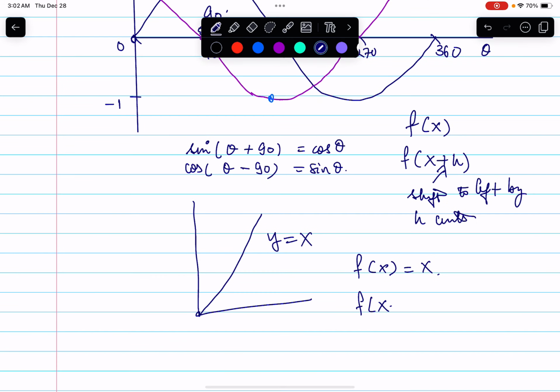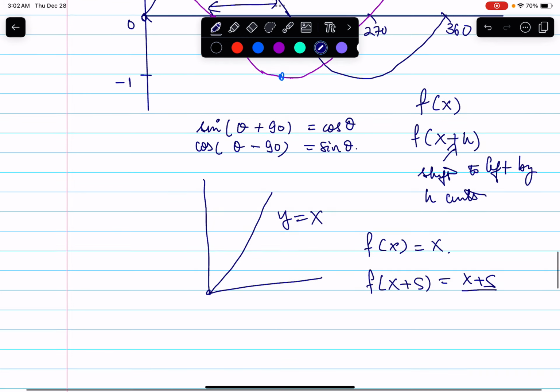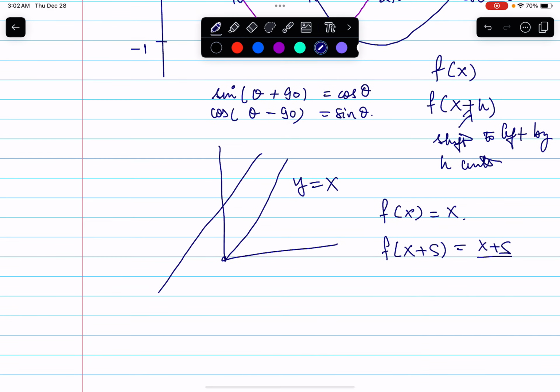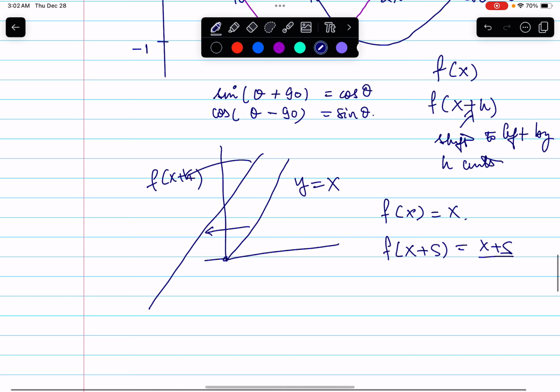Then if we draw f of x plus 5, this should be equal to x plus 5. And this is f of x plus h. So you have simply shifted it to the left by h units. That's what f of x plus h is.